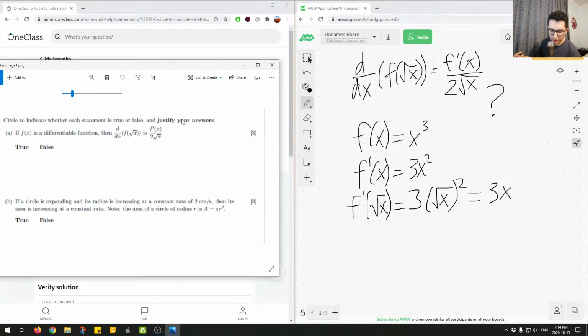we want to think about, let's say we looked at this equation over here. Can we use this to get the same values as we calculated here? So if we substitute f of square root of x, this would give us square root of x cubed, which would be x to the 3 over 2.